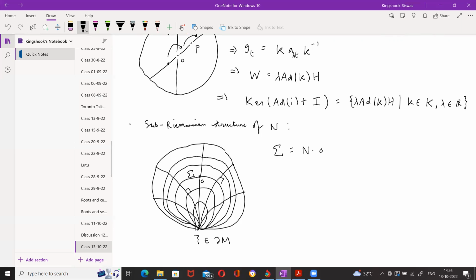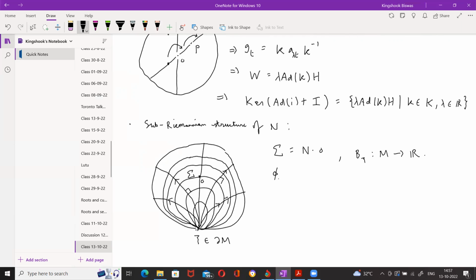So I have a Busemann function B xi associated to this boundary point from M to R. And these geodesics are what? These are just the integral curves of the gradient flow of the Busemann function, right? Remember, the gradient vector field of the Busemann function was just the outward unit normal to the horospheres. So these geodesics are given by the gradient flow of the Busemann function.